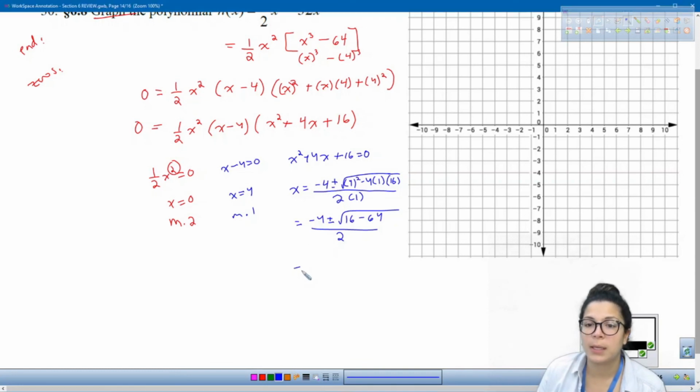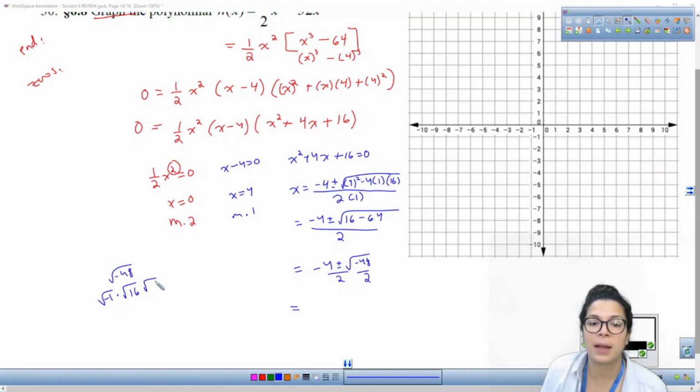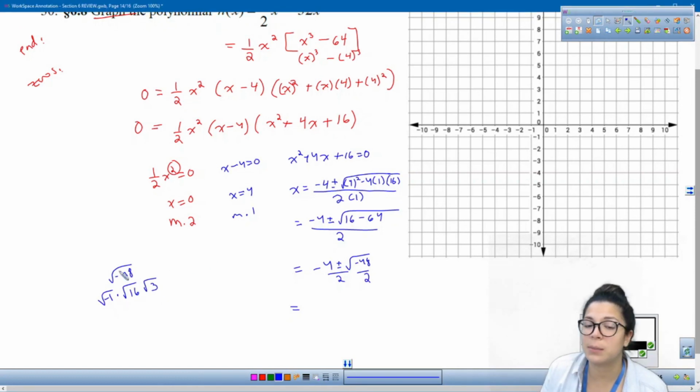Okay, so 16 minus 64 is negative 48, and we can split up the square root of negative 48 into the square root of negative 1 times the square root of 16 times 3. So negative 1 times 16 times 3 is negative 48, so we can split it up like that.